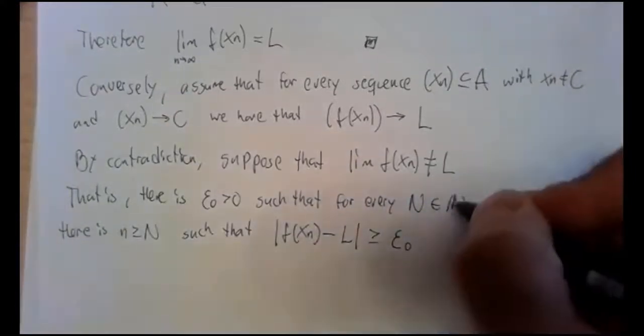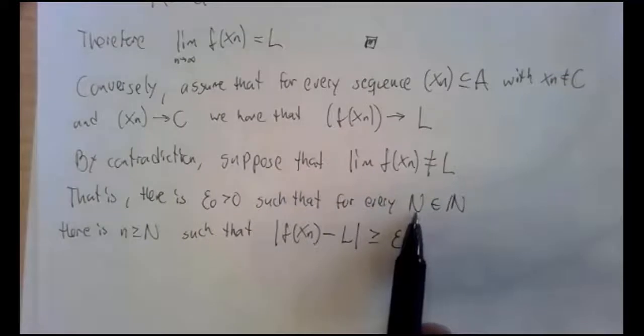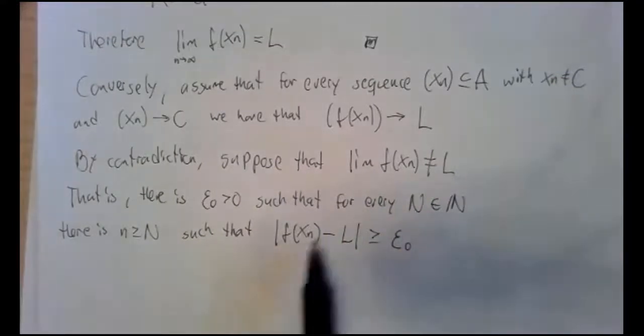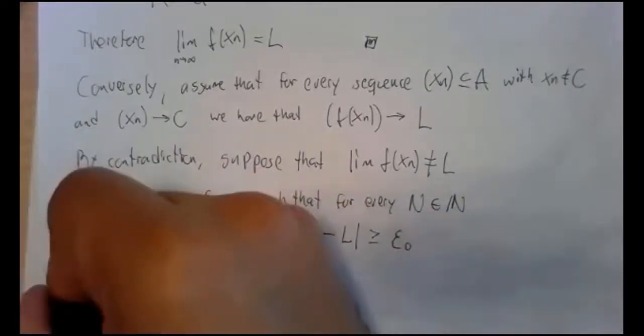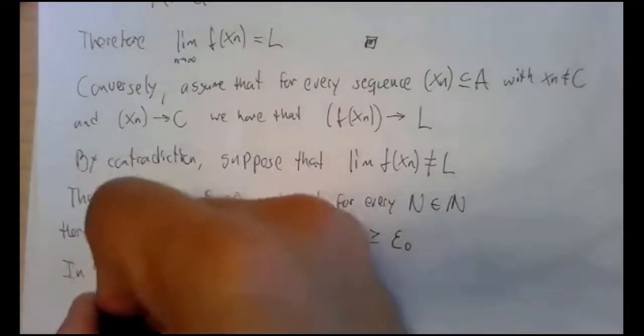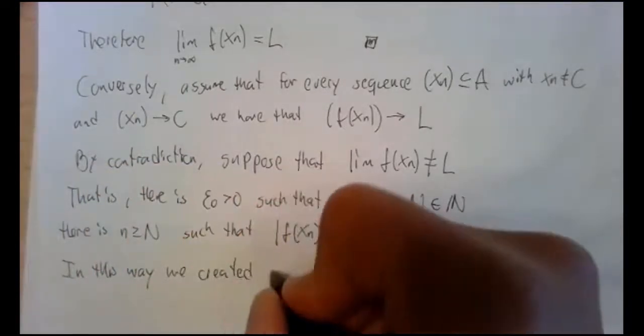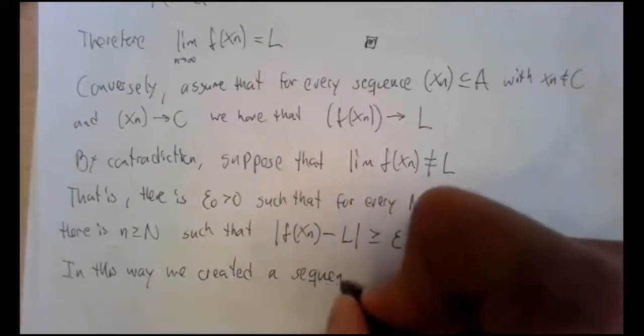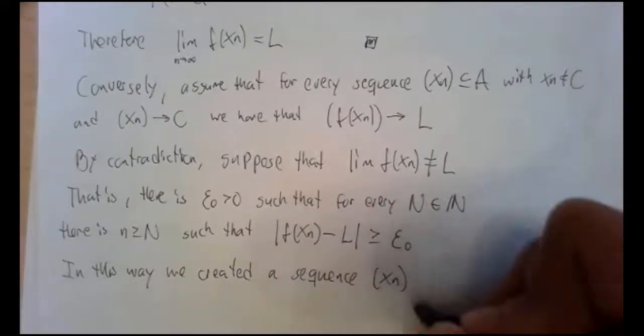Since this works for every capital N in the natural numbers, we call xn the one corresponding to capital N. In this way, we created a sequence xn.